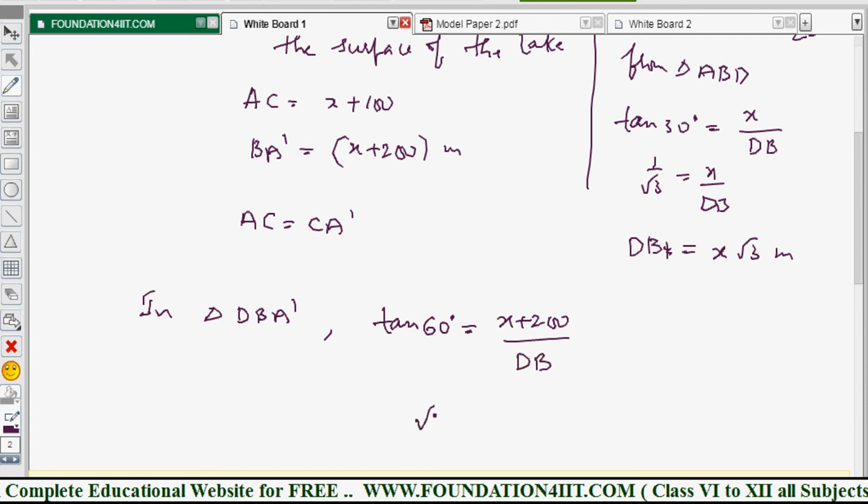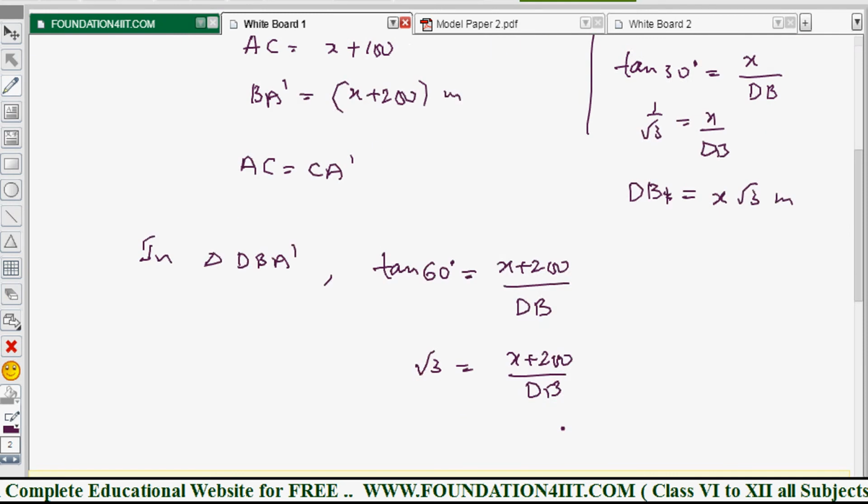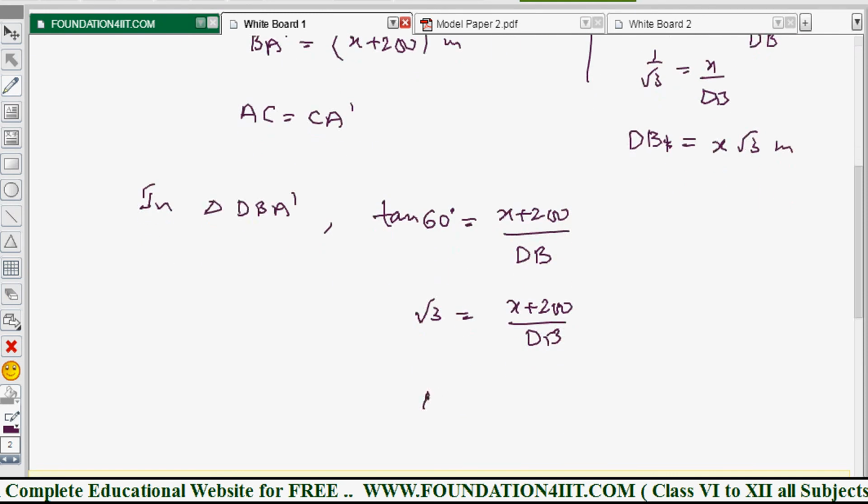So tan 60 is root 3, equal to x plus 200 by DB. Then from this, DB is equal to x plus 200 by root 3. Let it be equation 2, and here DB we got as equation 1.